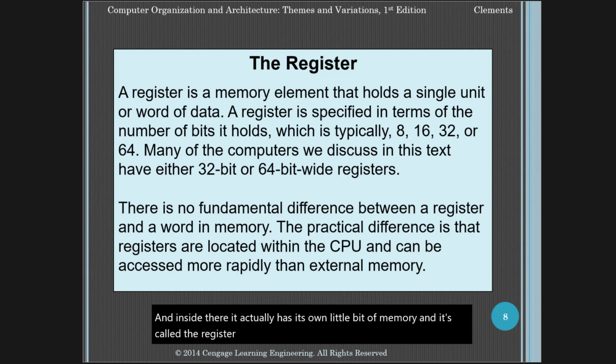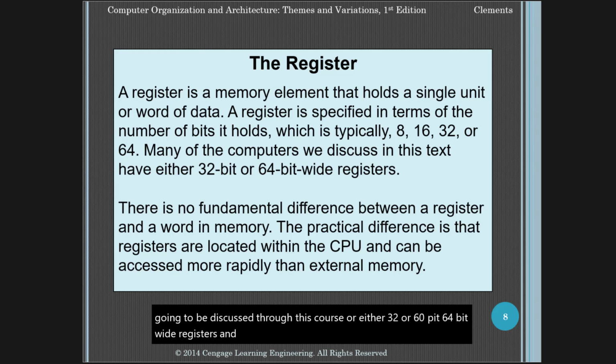It holds a single unit, or what we call a word, of data. The register is specified in the number of bits that it holds, and again, with that scale that we're used to working with in computers: 8, 16, 32, 64. Many of the computers that are going to be discussed through this course have either 32 or 64-bit wide registers.